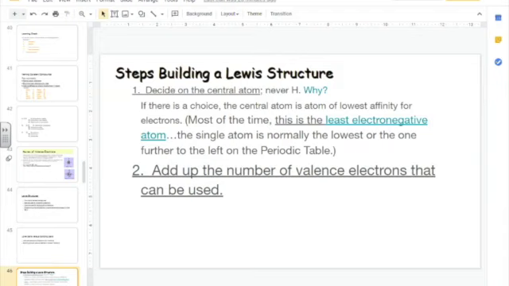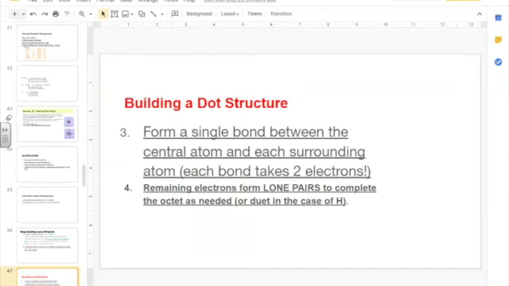Most of the time I will tell you what the central atom is, but the science behind it is it's always the least electronegative atom, or the one farthest away from fluorine. Step 2, add up the number of valence electrons that can be used. So you find the number of valence electrons each element has that's in that bond and add that number up, and that tells you how many electrons you have to use to make your bonds.